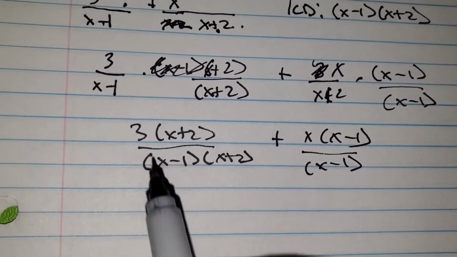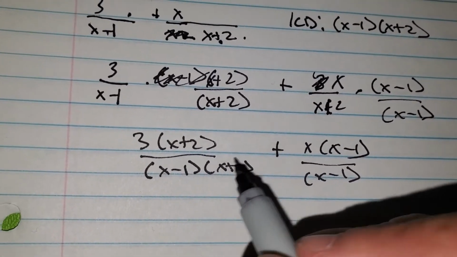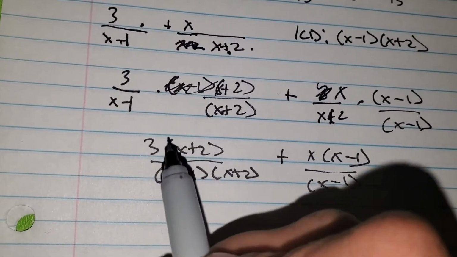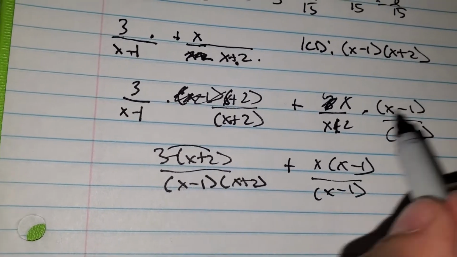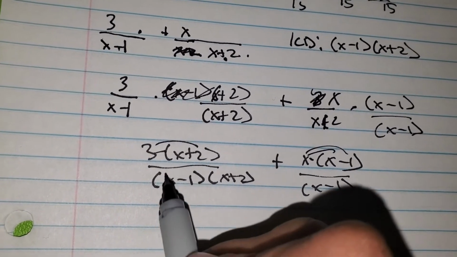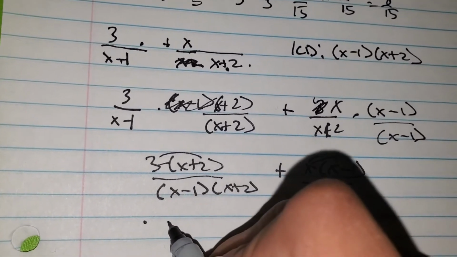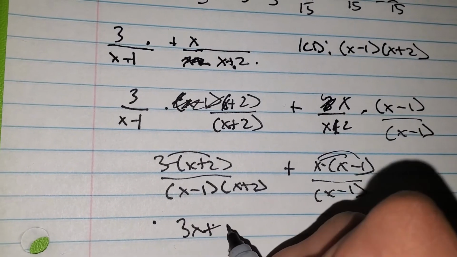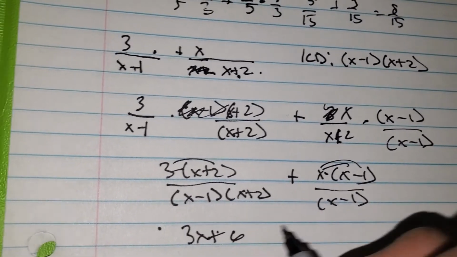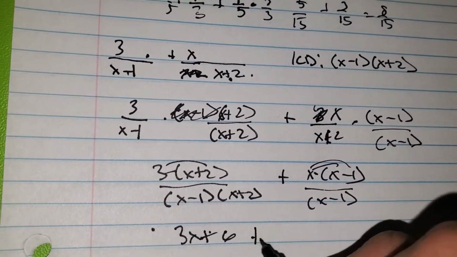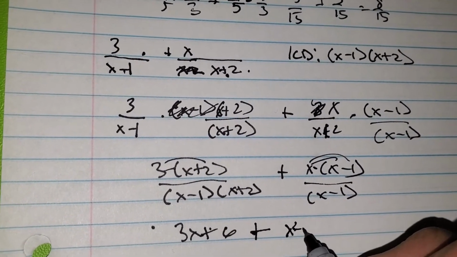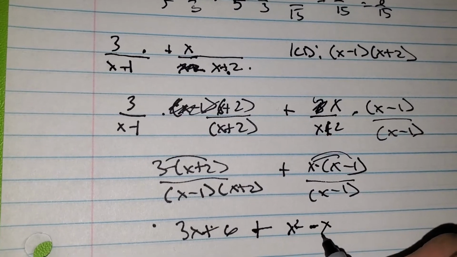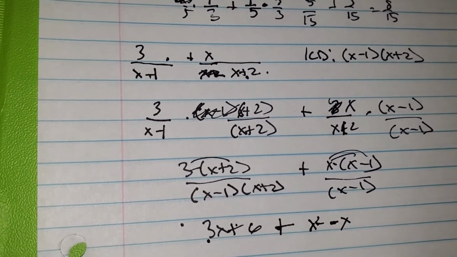Now we can add them. We distribute each piece, so that'll be 3x plus 6 plus x squared minus x, all divided by x minus 1, x plus 2.